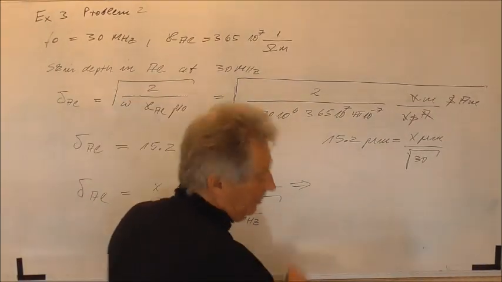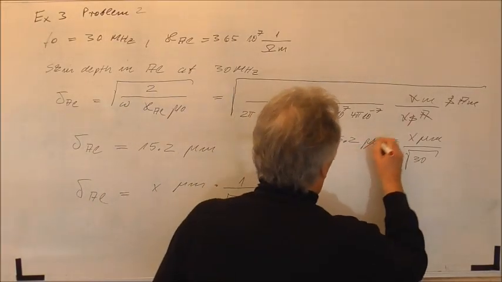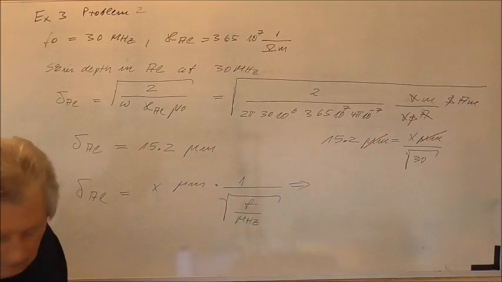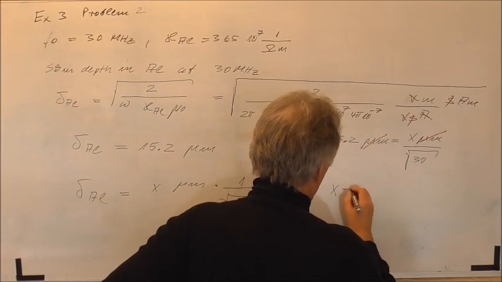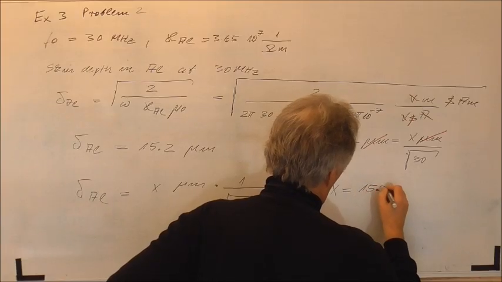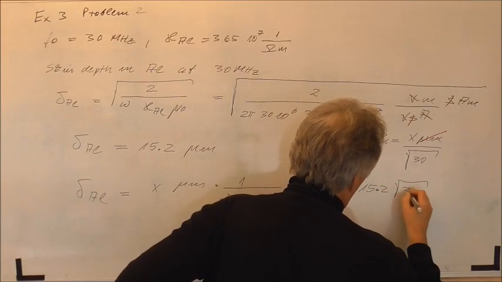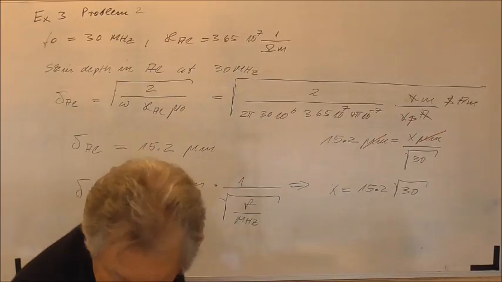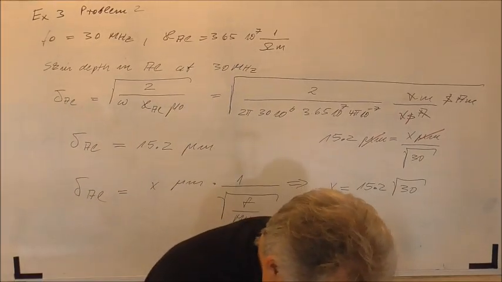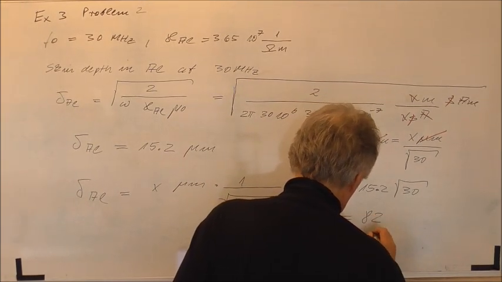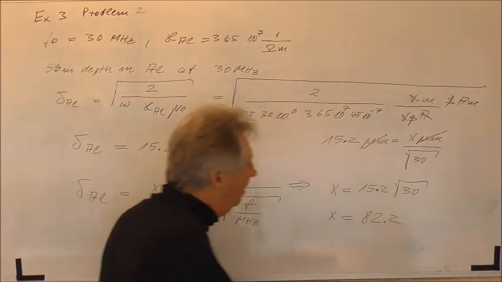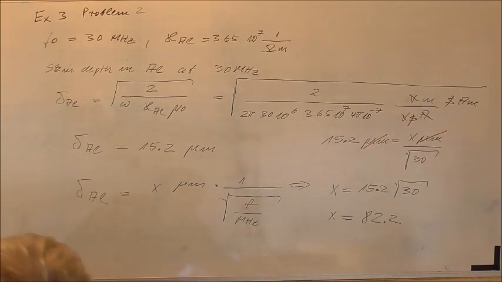So x will then be 15.2 times the square root of 30, and if you calculate this value, x will be 82.2.